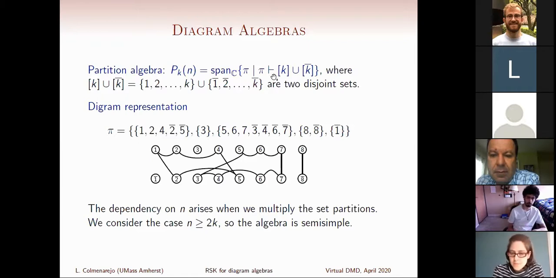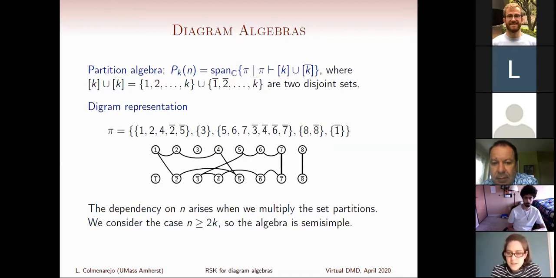One of the nice things, and why this algebra is called one of the diagram algebras, is because these elements can be represented with diagrams. So what I do here, I put the entries with no bars on top, the barred entries on the bottom, and then I link things that are in the same set. Now, I will not worry too much about how I represent it.